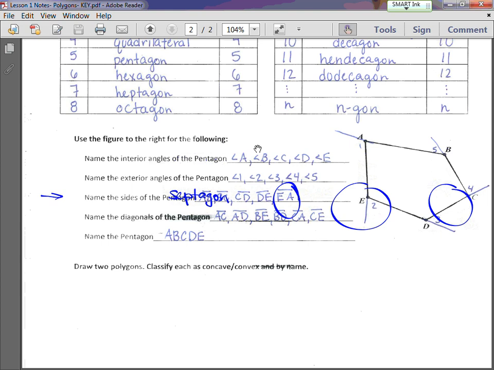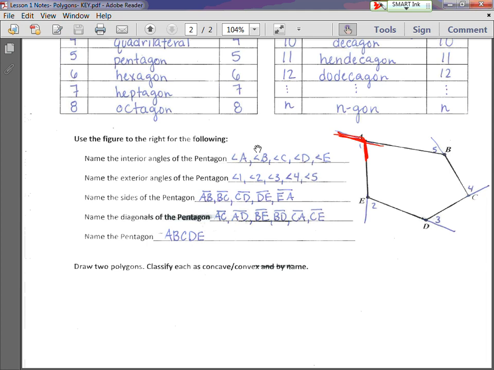For easier labeling, I went ahead and extended the sides and labeled my exterior angles with numbers. Again, for an exterior angle you just extend out the side, and this would be one of my exterior angles, and so on and so forth around. We only have to do this in one direction around. So we have 5 interior and 5 exterior.